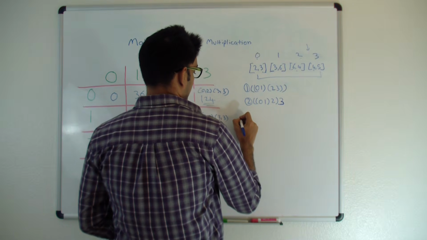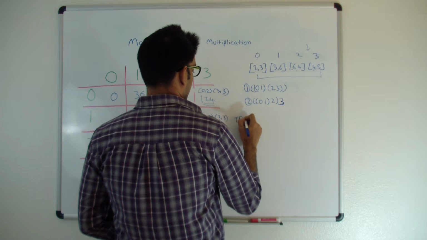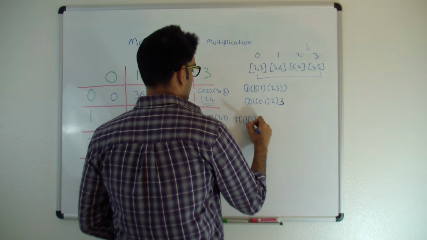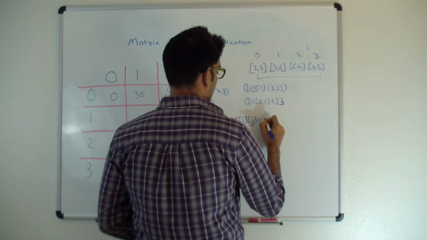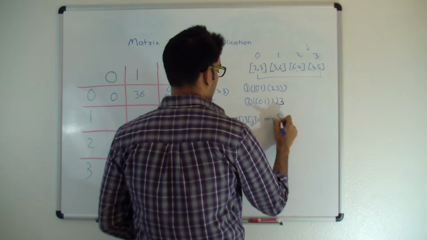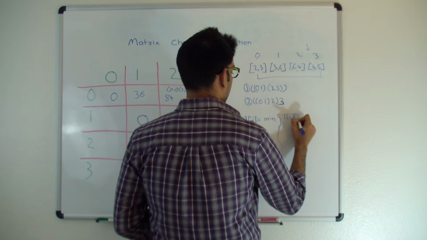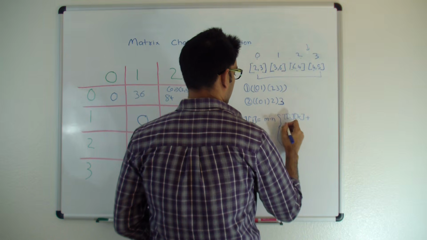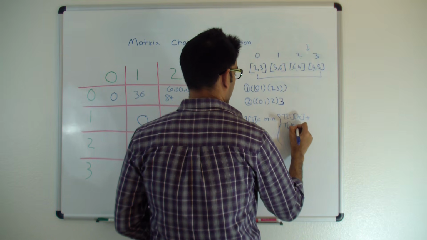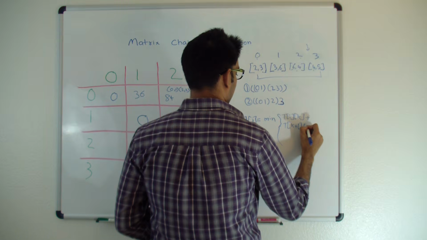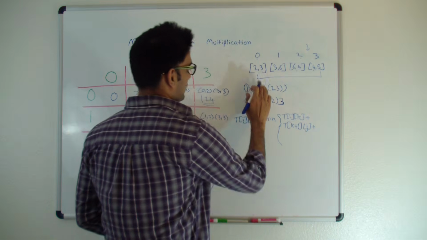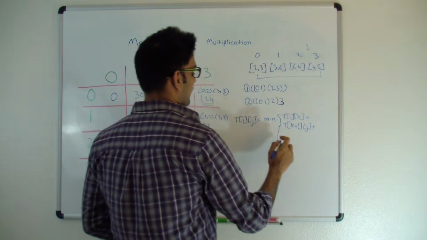T of i, j is equal to min of t of i, k plus t of k plus 1, j plus, let's call this first and let's call this second.